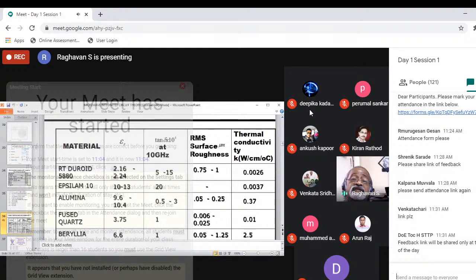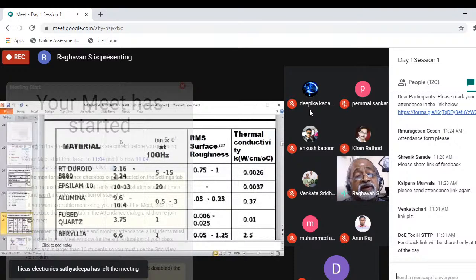Many kinds of substrates are there for different purposes, and the tan delta is very important, and that only will tell you how good it is. And generally RT Duroid, alumina, silica, and FR4 are the ones used for all the experiments we do in our labs.